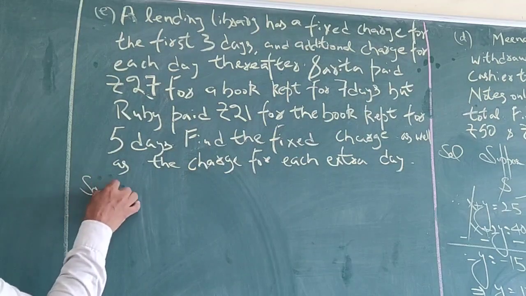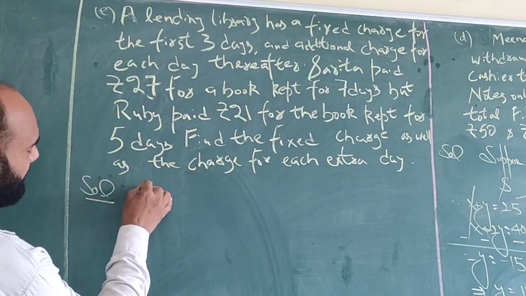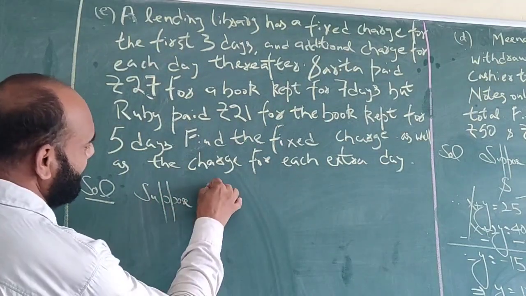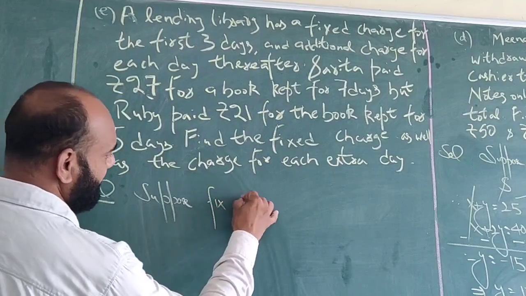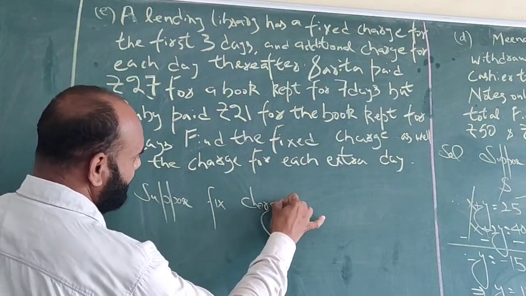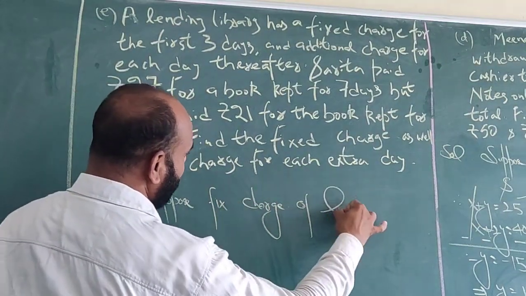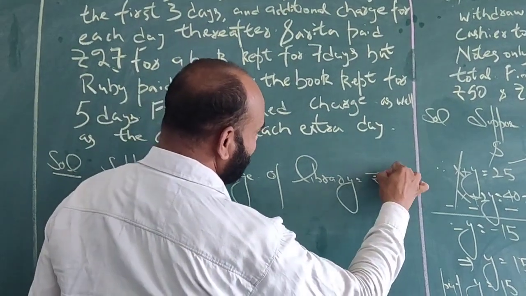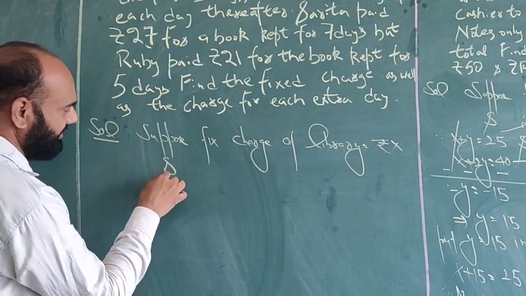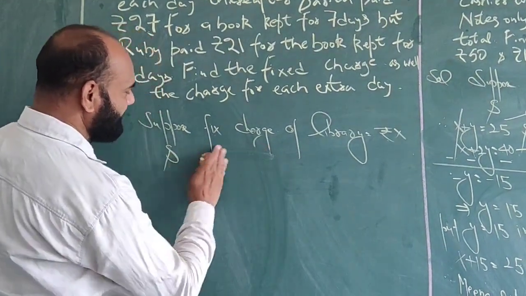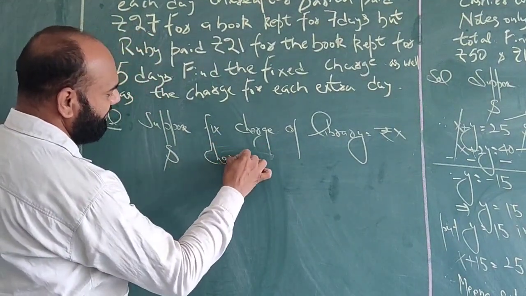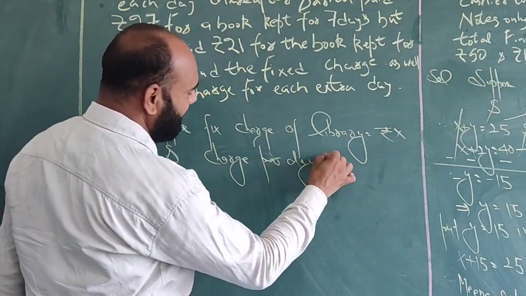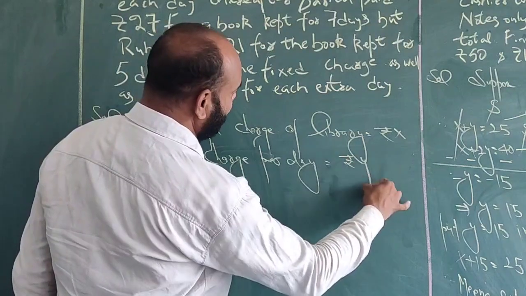So to solve this question, first of all, we suppose the fixed charge of the library is equal to rupees x, and the charge per day is equal to rupees y.